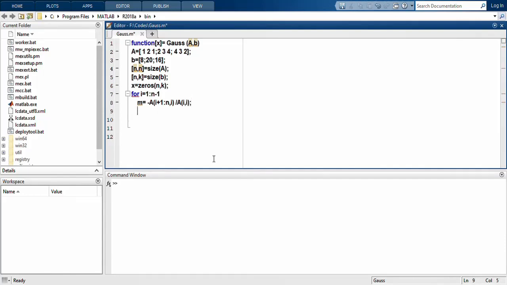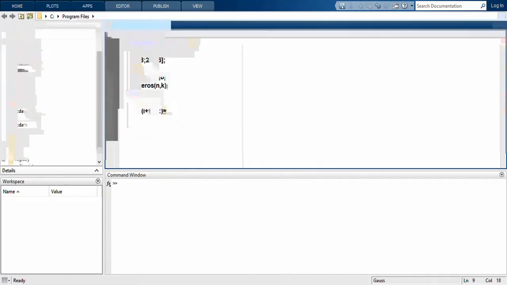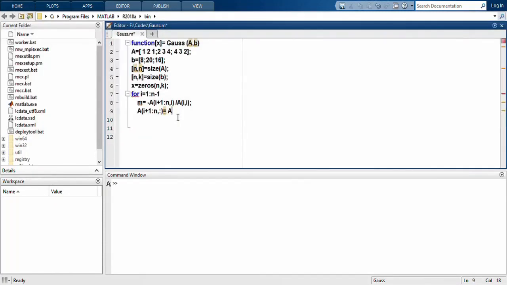Okay, now we come to the row operations. Now the row operation is A(i+1 to n, :), which means for all the columns, the rows are changing from this to this. So that is equal to, because R2 is equal to R2, we have to make a change in R2 and R3 to make it 0 below A11.